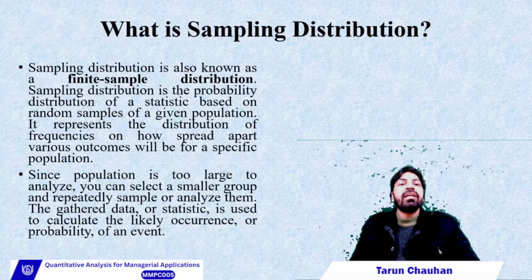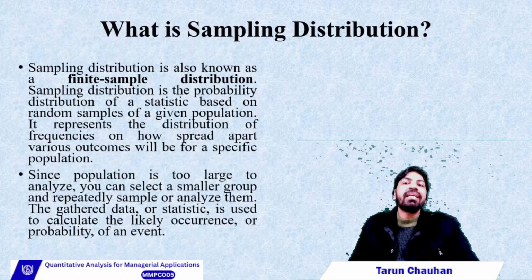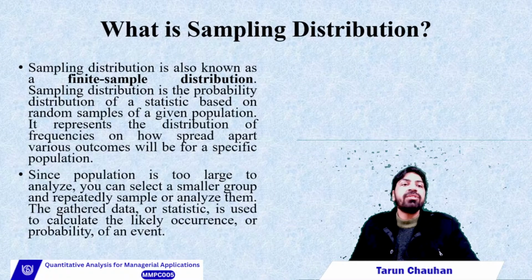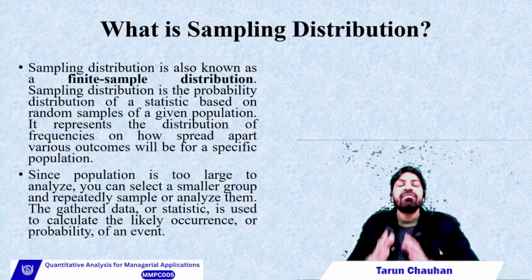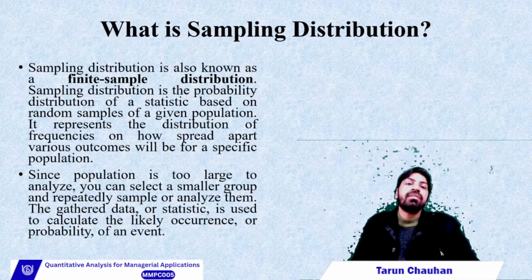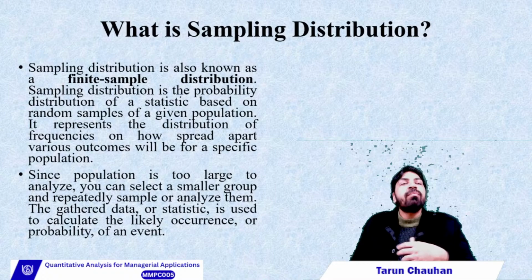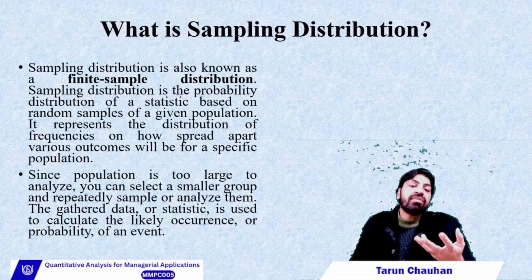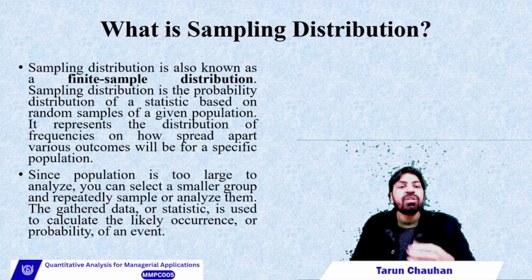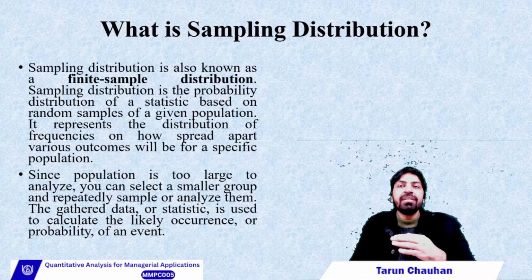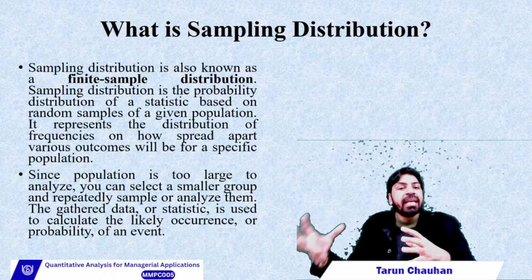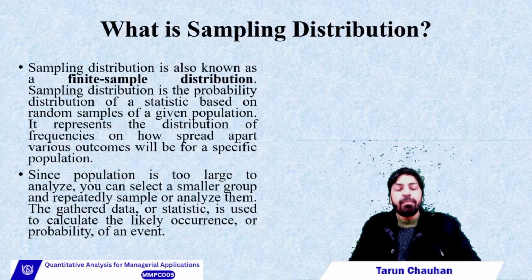Now we come to what a sampling distribution is. A sampling distribution is a probability distribution of a statistic based on random sample selection from a given population.